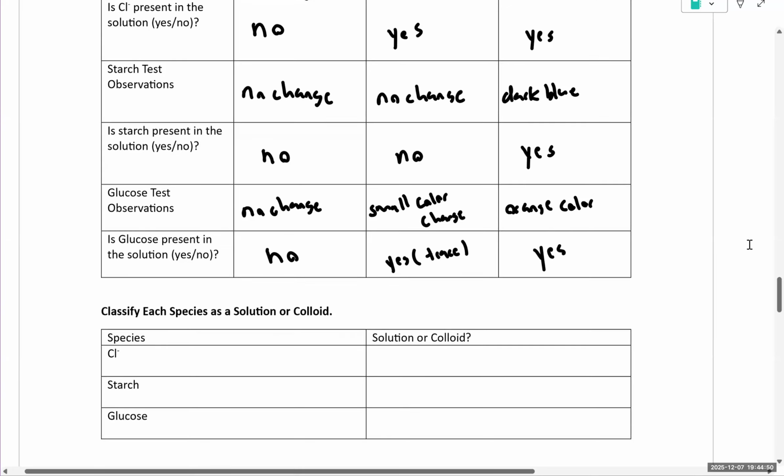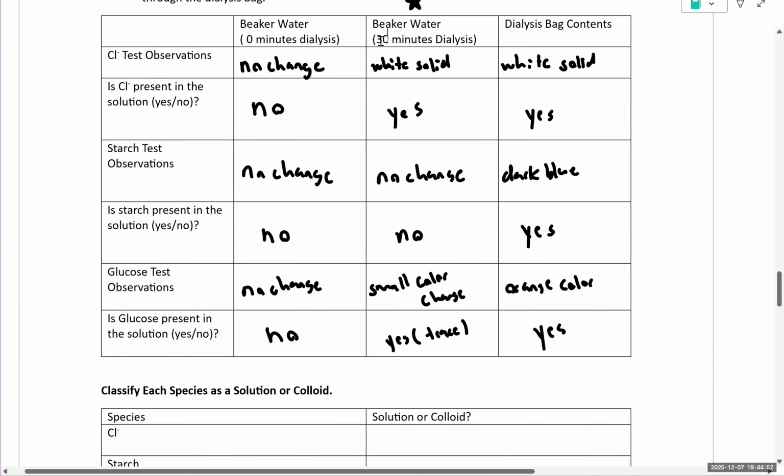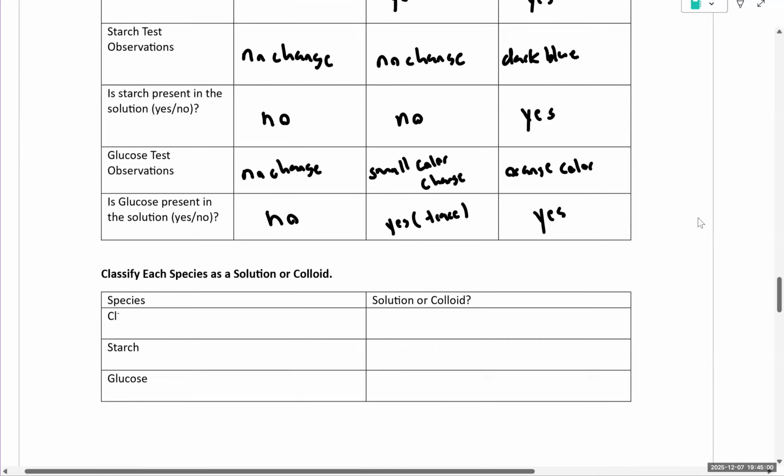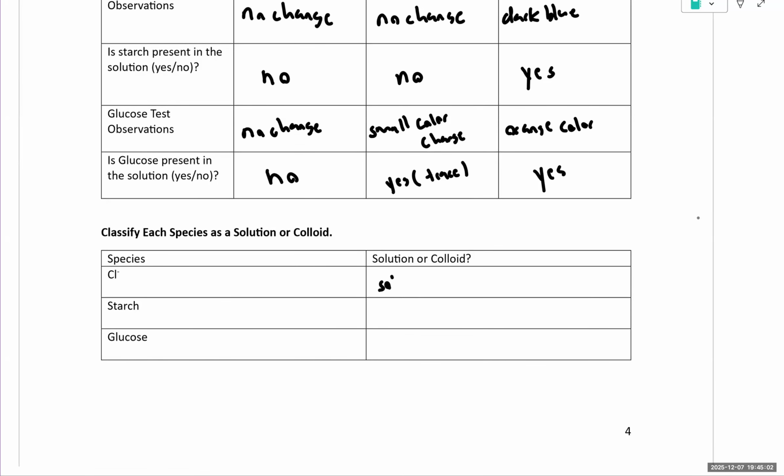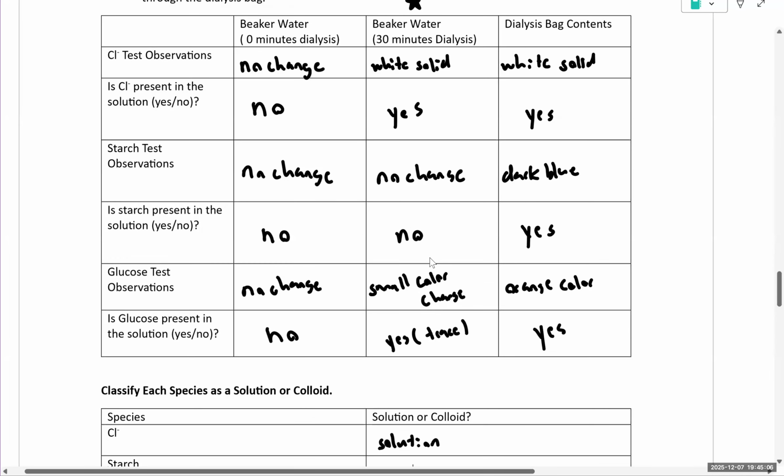So based on this, chloride, as we can see after 30 minutes, does end up in the beaker water. It has passed through the dialysis bag, so we will call chloride a solution component. Starch, on the other hand, could not pass through the dialysis bag.